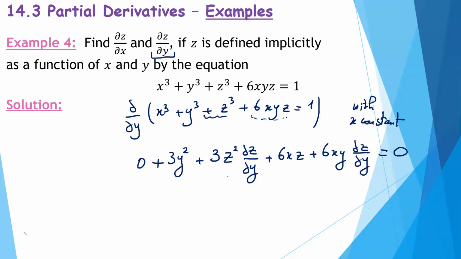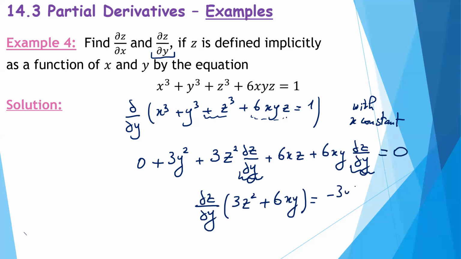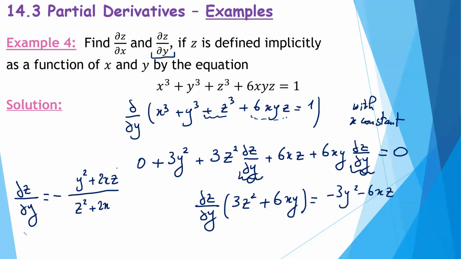So we get an equation, and we try to isolate dz with respect to y, the partial derivative of z with respect to y. 3z squared plus 6xy are the coefficients. Here, minus 3y squared minus 6xz, and as we did for the partial derivative with respect to x, we get minus y squared plus 2xz over z squared plus 2xy.